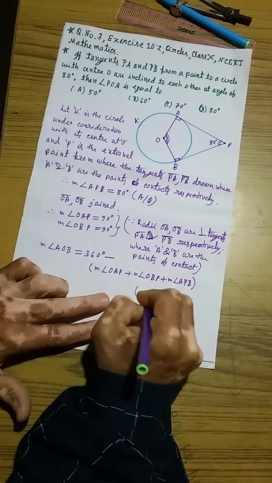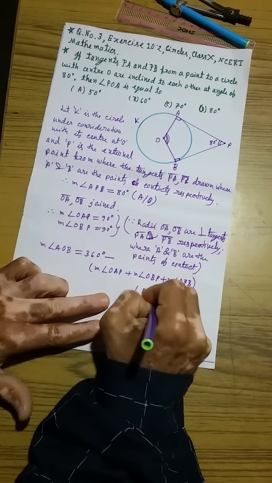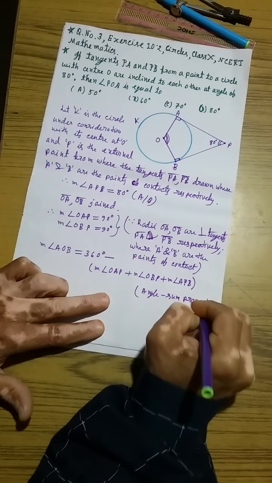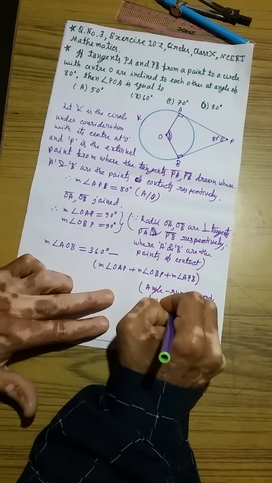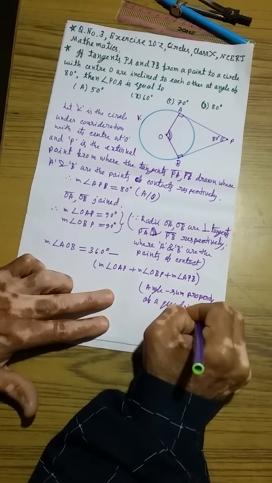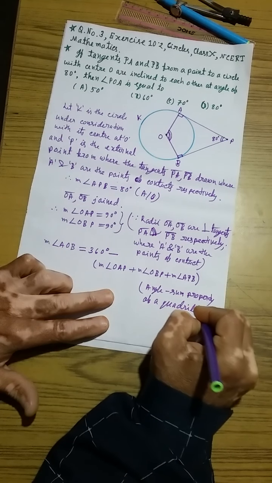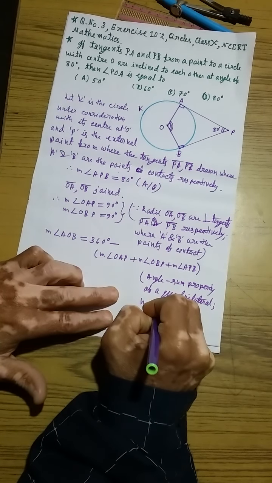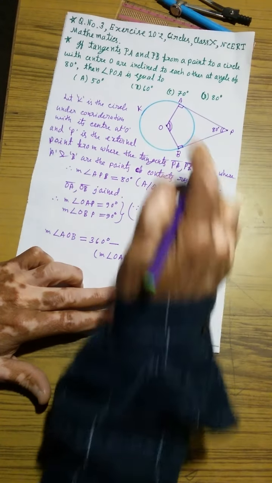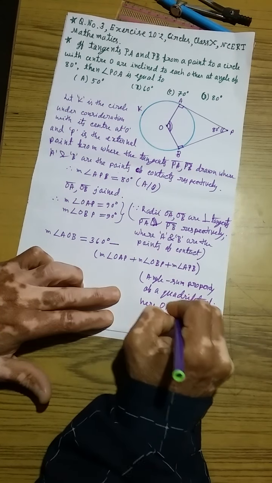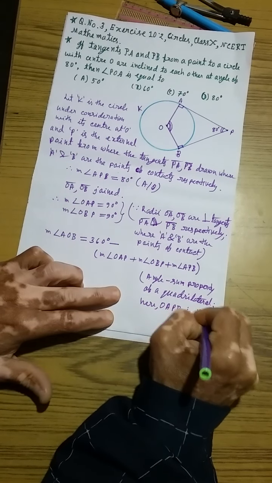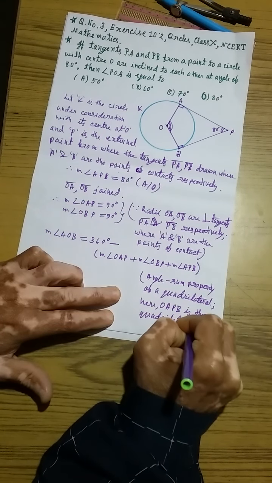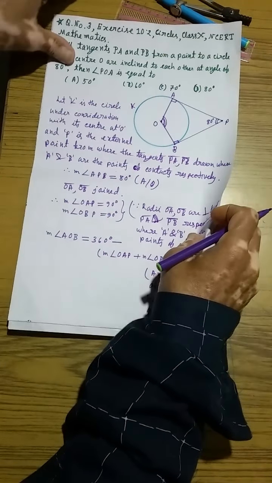Within bracket write: angle sum property of a quadrilateral. Here OAPB is the quadrilateral.